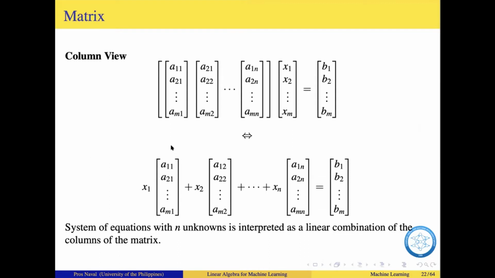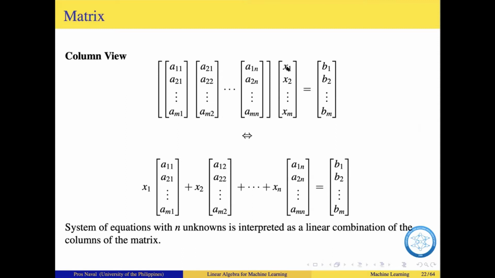In this view, the system of equations with n unknown x's is interpreted as a linear combination of the columns of the matrix. This is your first column, second column. These are actually vectors; look at them as vectors.